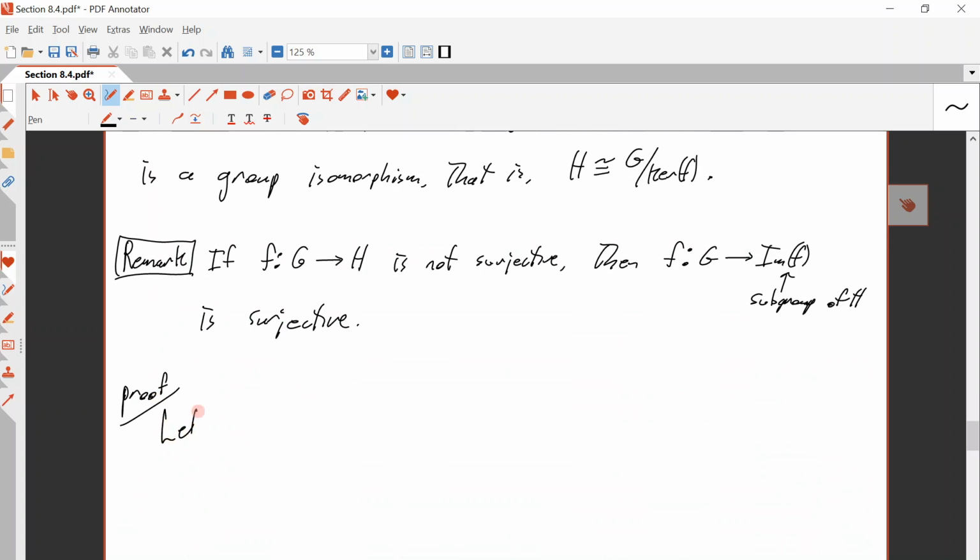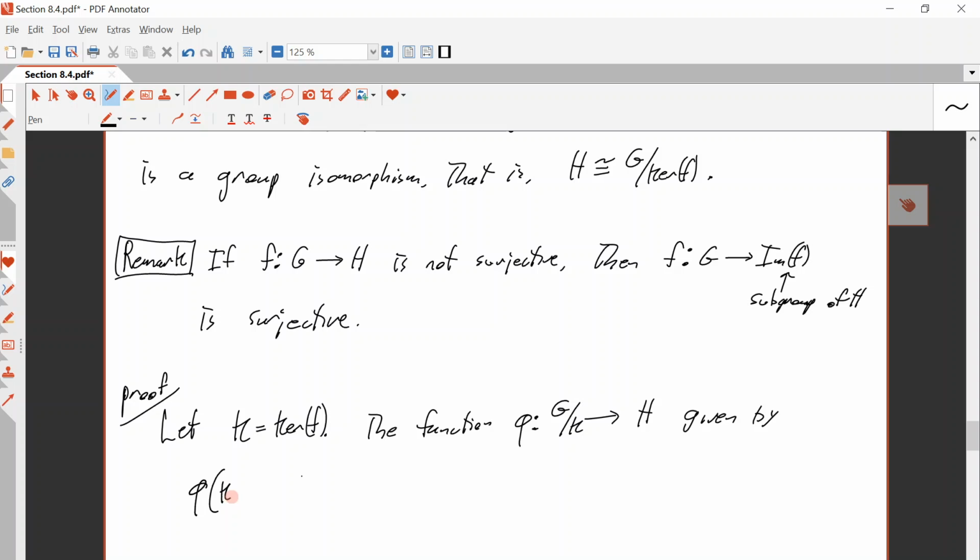Okay, so let K be equal to the kernel of F, just to make notation a little easier. The function phi from G mod K to H given by phi of the right coset Kg equal to F of g is surjective because F is surjective.